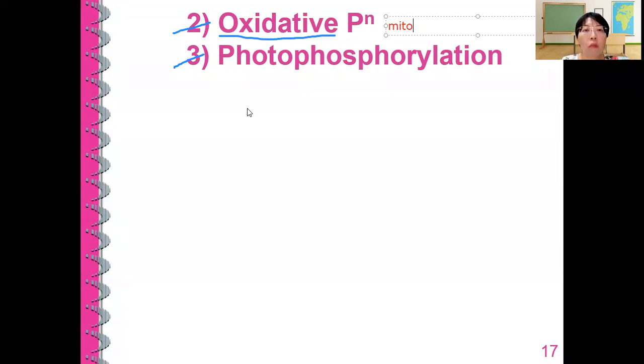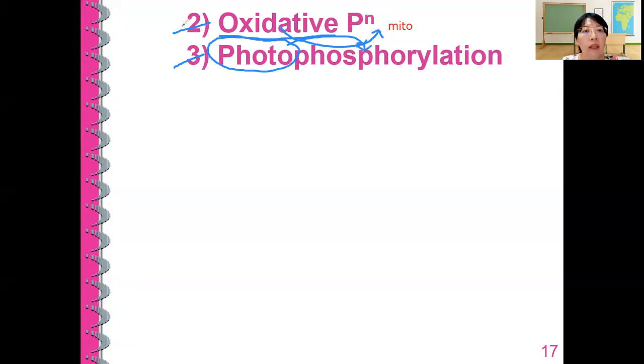Photophosphorylation. So photo means the light energy, right? So this only happens in plant cells, right? So plant cells harness light energy and use the light energy to synthesize ATP. Whereas here, the mitochondrion uses the energy from carbohydrate, lipids, and protein, oxidizing them so the energy can be used to synthesize ATP.